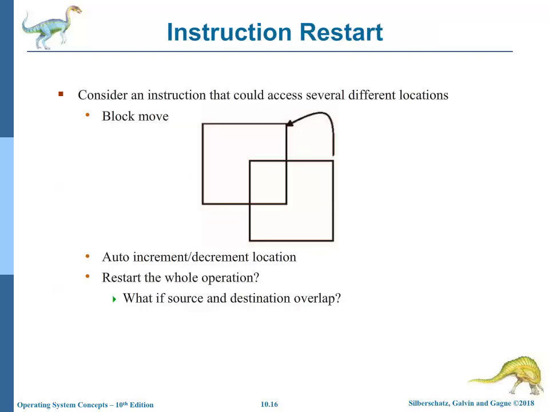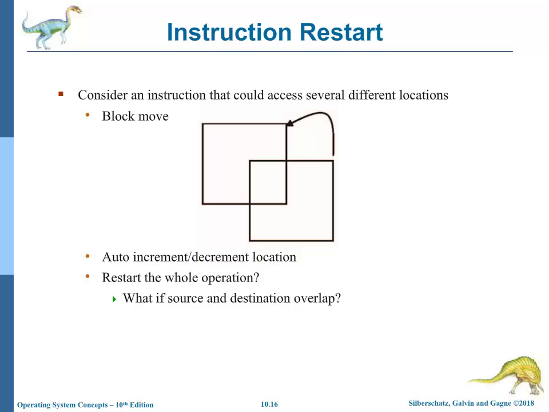A crucial part of the process is that the instruction must be restarted from scratch once the desired page has been made available in memory. For most simple instructions, this is not a major difficulty. However, there are some architectures that allow a single instruction to modify a fairly large block of data, which may span a page boundary.